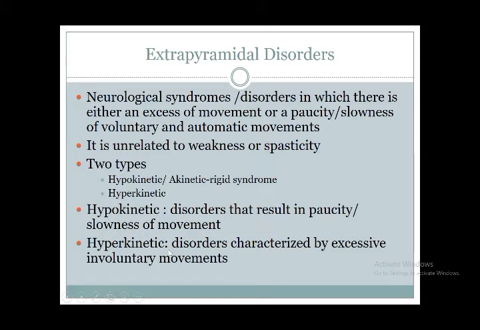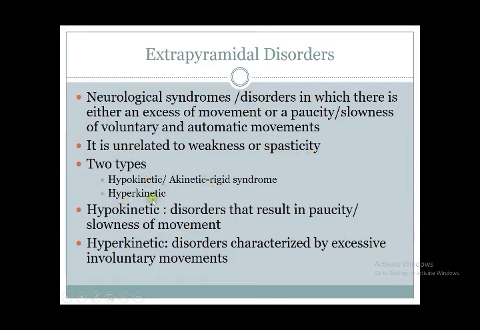So, what are extrapyramidal disorders? Basically, they are disorders resulting from damage to the extrapyramidal system that we discussed briefly in anatomy. These are neurological syndromes in which there is either an excess of movement or paucity or slowness of voluntary and automatic movements, unrelated to weakness or spasticity such as occurs in stroke.